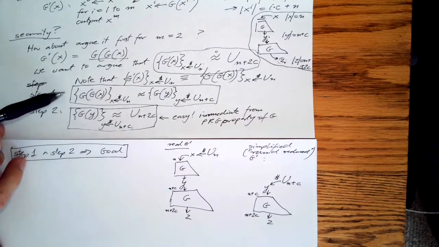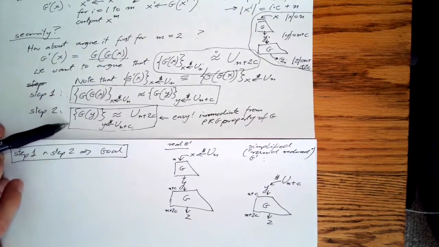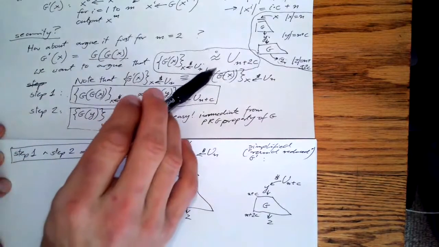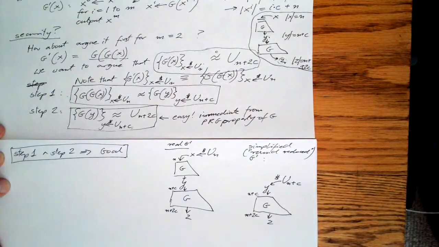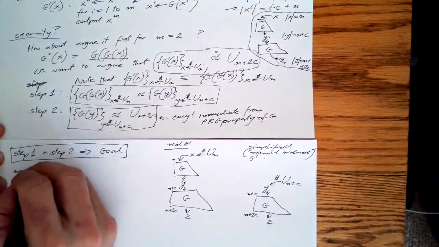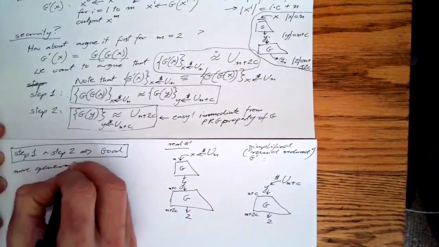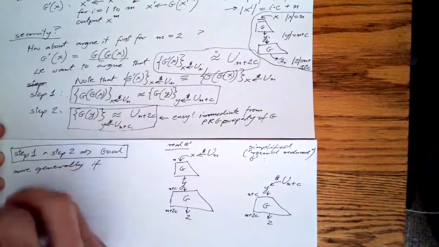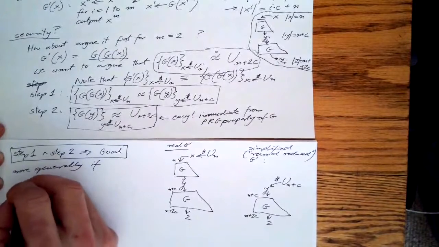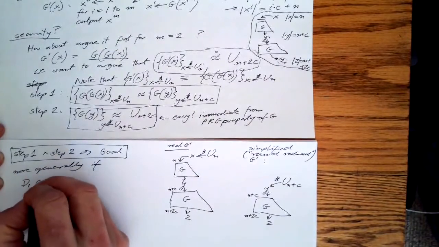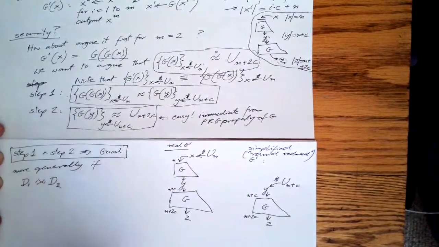It is the case that this holds. Namely, if I knew this and that, then I can conclude this. More generally, if some distribution 1 is indistinguishable from distribution 2.